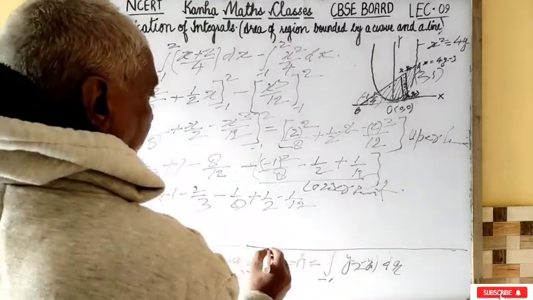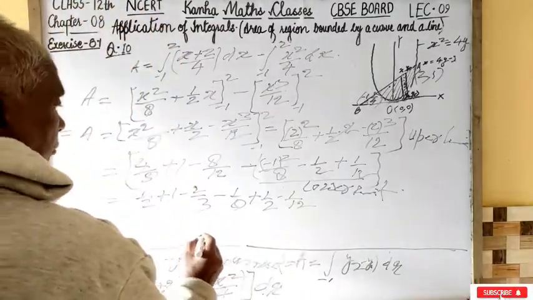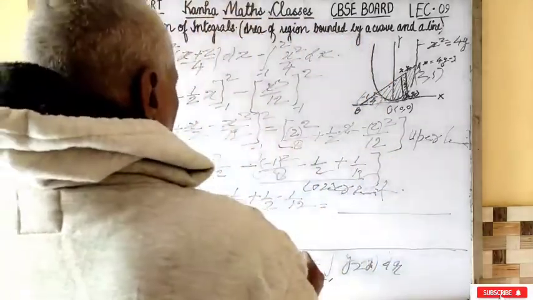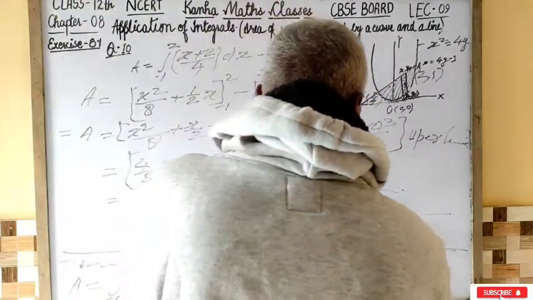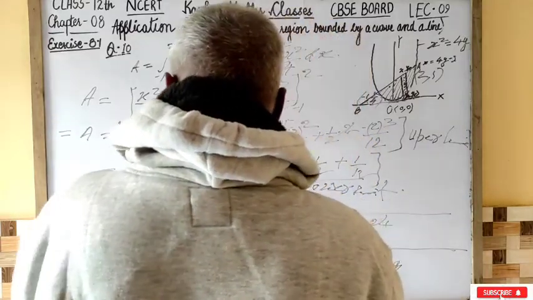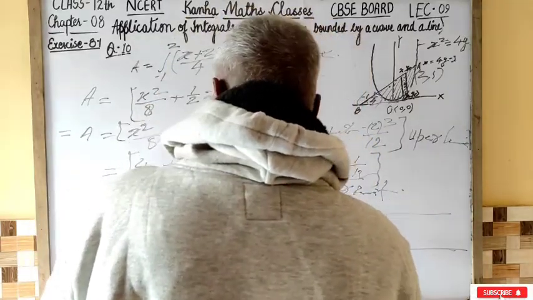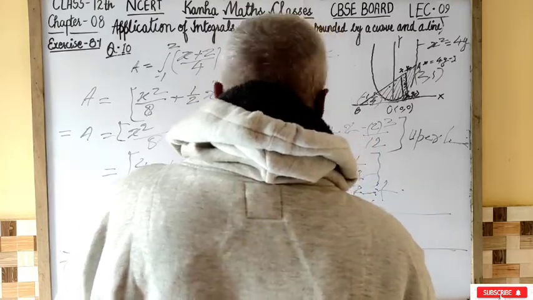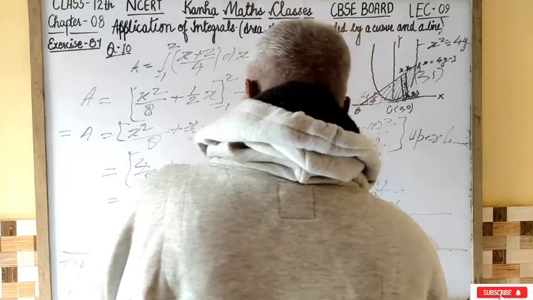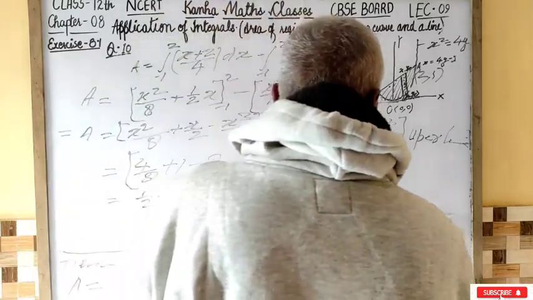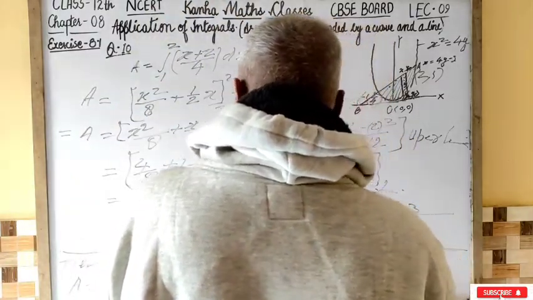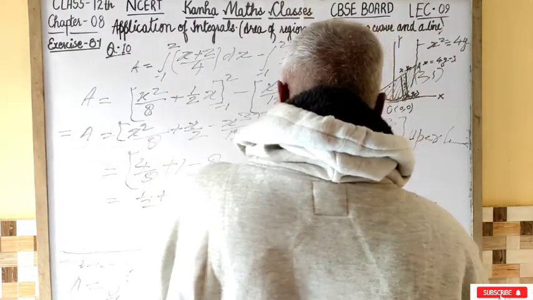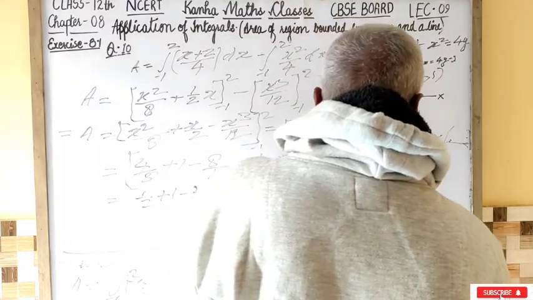After all, the LCM of all the denominators will be 24. Now 12 plus 24 minus 16 minus 3 plus 12 minus 2.